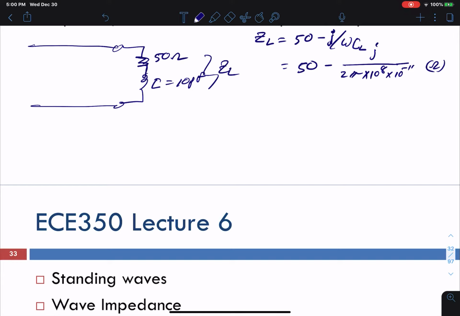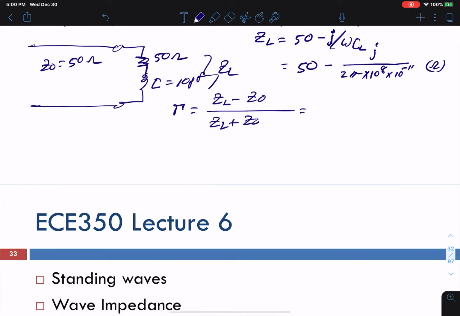Now we use that ZL, and Z0 is given here as 50 ohms. I'm trying to find your reflection coefficient, which is ZL minus Z0 over ZL plus Z0.